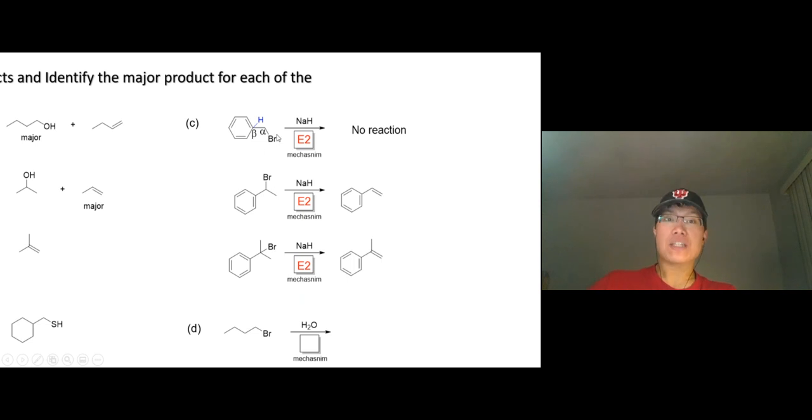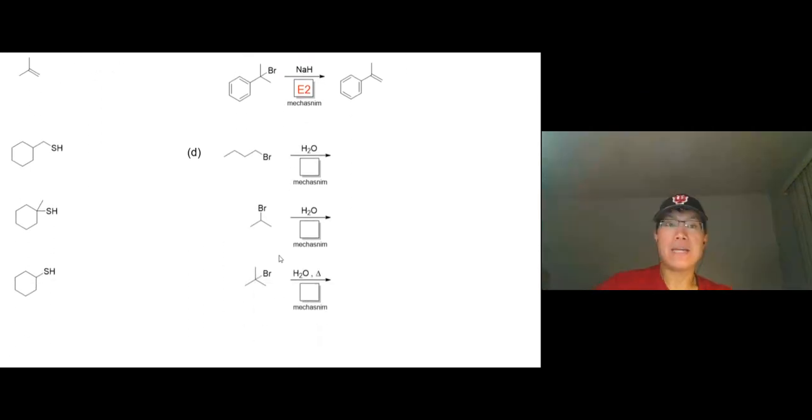For the elimination, the structure of the substrate doesn't block the reaction, except it increases the speed. Tertiary is the fastest because you're making the more stable alkene, and the transition state is stable. So primary, secondary, tertiary, it doesn't block anything with E2. The reaction just goes faster.